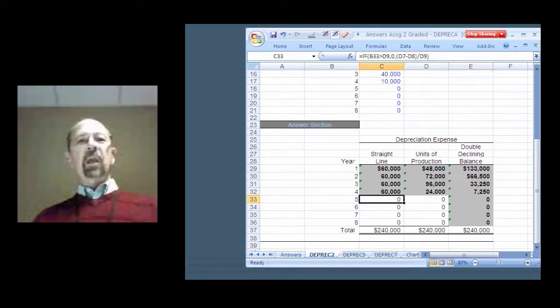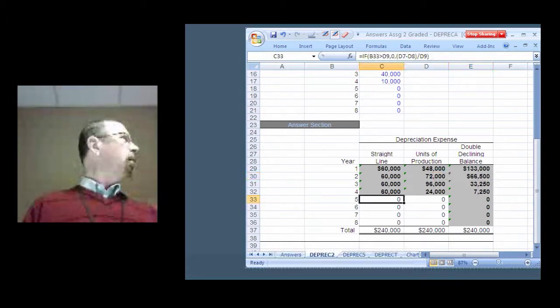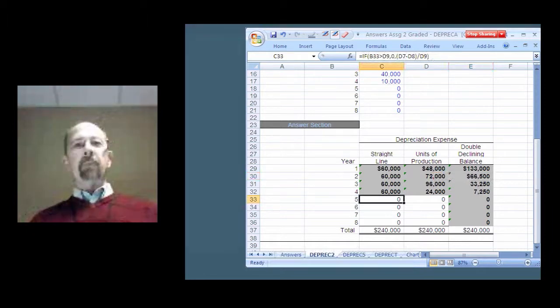In fact, your graded assignment this period or this class will be a place where you can possibly use an if statement.